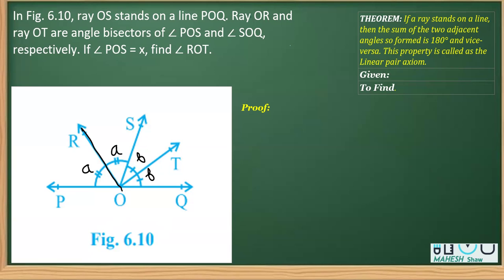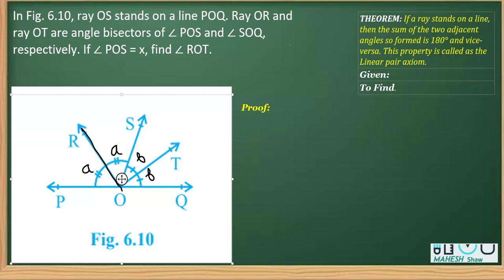Now, what I said first is that this question is based on the linear pair axiom, which says that if a ray stands over a line, then the sum of two adjacent angles is 180 degrees. So this is what I'm going to use here.